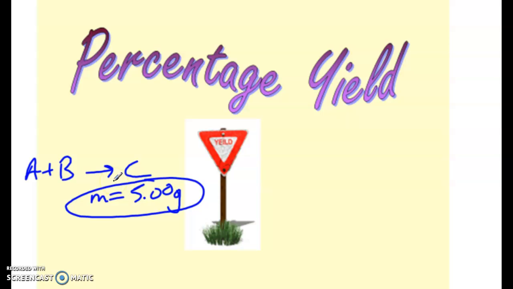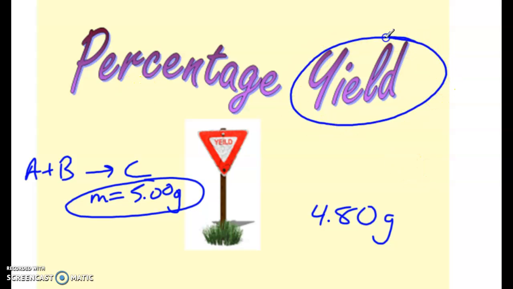When you go to actually do the reaction in real life, maybe you only got 4.8 grams instead of 5. So first of all, the term yield is always in reference to a product. So sometimes you can say a product is a yield of the reaction. So it's like a result.